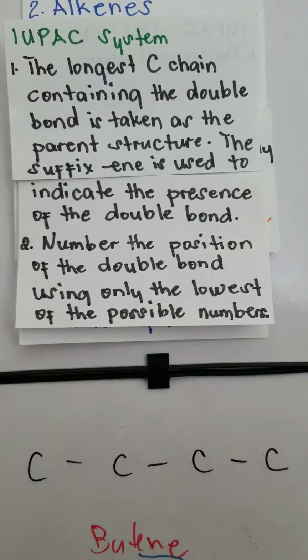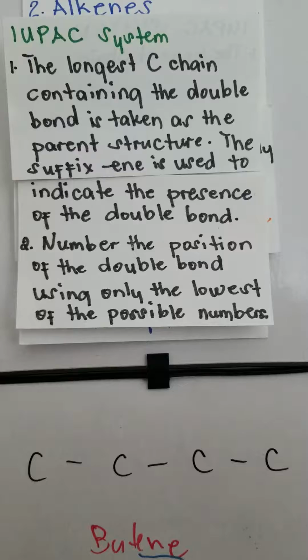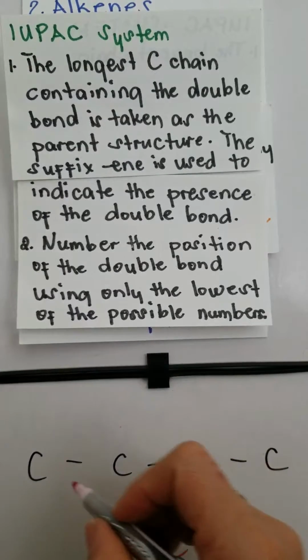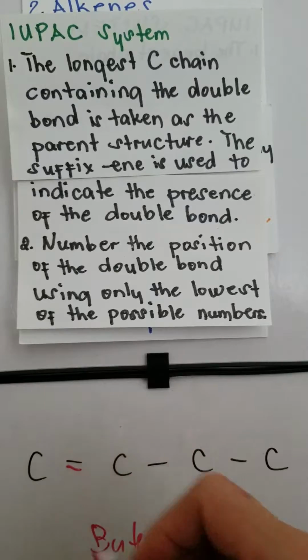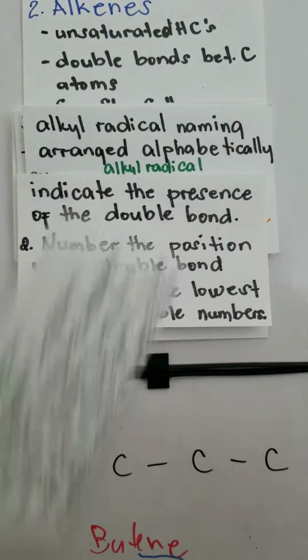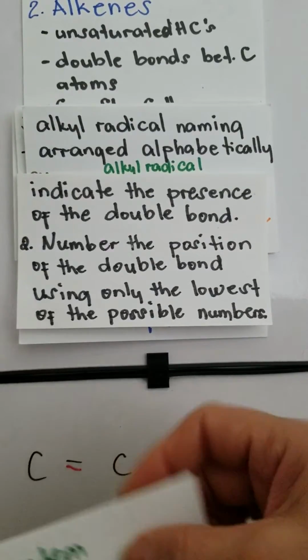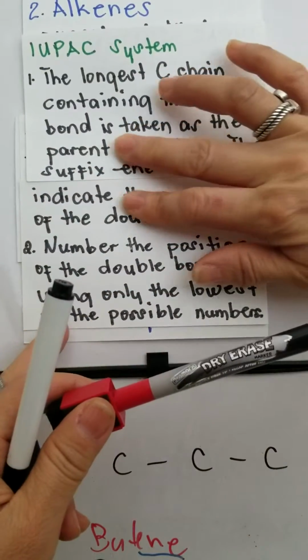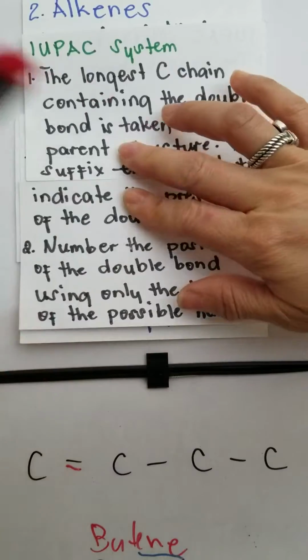Now the second rule is to number the position of the double bond using only the lowest of the possible numbers. So let us say the double bond is located on this side. And then consider the end that the double bond is nearest to.